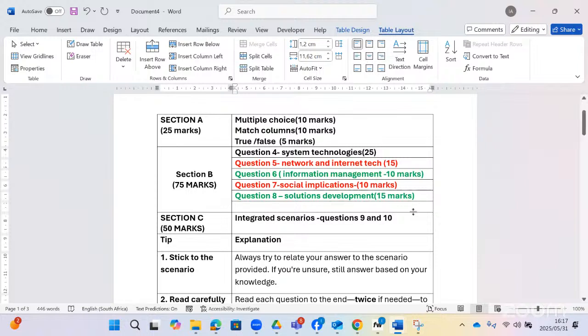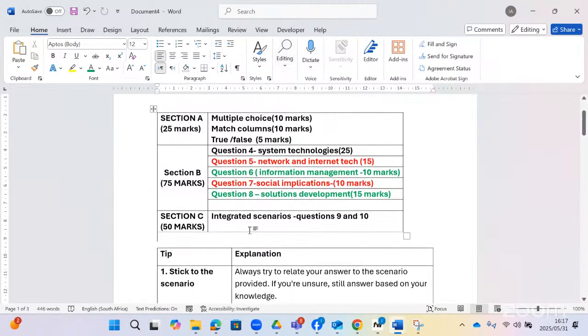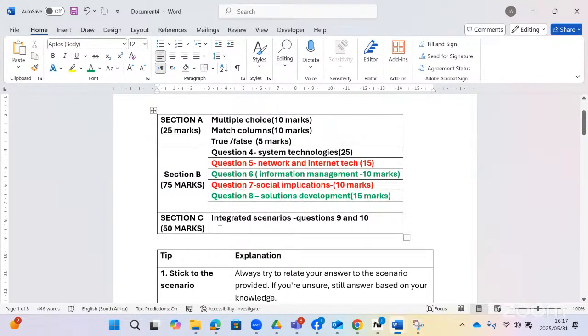So here we combine all the aspects of the theory, but most of them will be from system technologies. So this is the breakdown of the structure of the theory content.